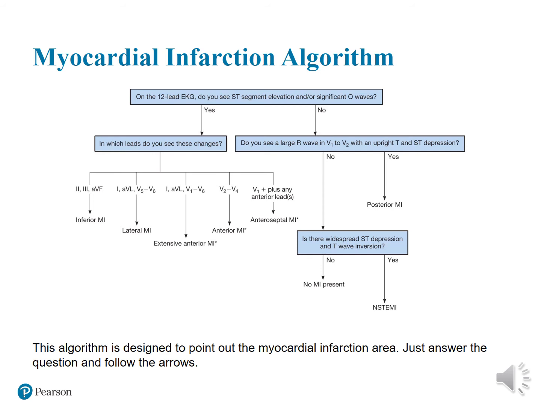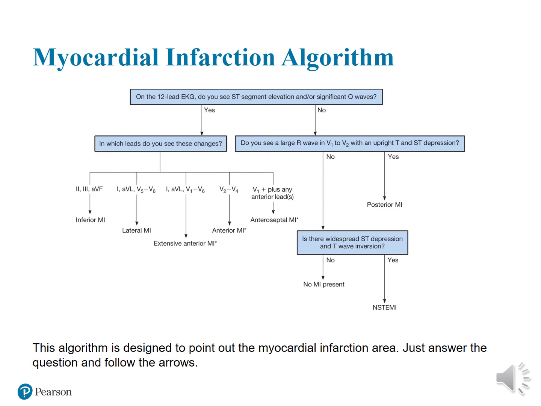Now we have the myocardial infarction algorithm. Here we are combining the infarction squares that we just learned with the flow charts that were introduced to us in chapter 11. It's just reading the criteria, like how you would ask your questions to determine the interpretation of a rhythm.